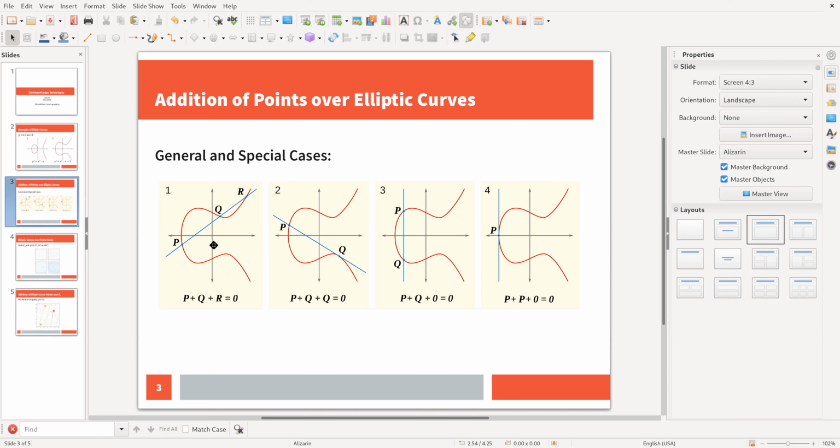And this means that if we take, for example, P plus Q and then reflect R against the x-axis, then we could say that R is the sum of P plus Q, because P plus Q plus minus that point would be equal to 0 according to our definition. Very abstract notion of addition, very unusual one, but that's how we define it on elliptic curves, and that's why we actually use elliptic curves.